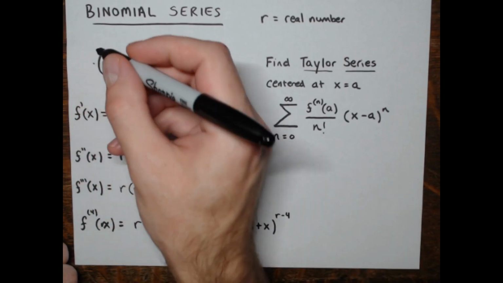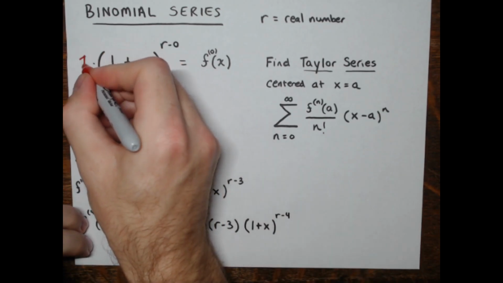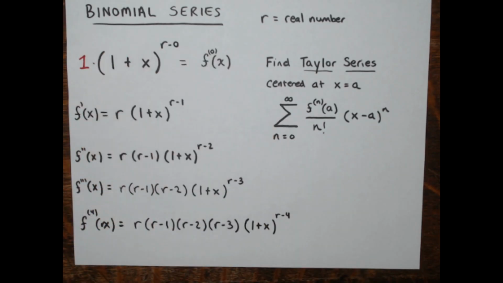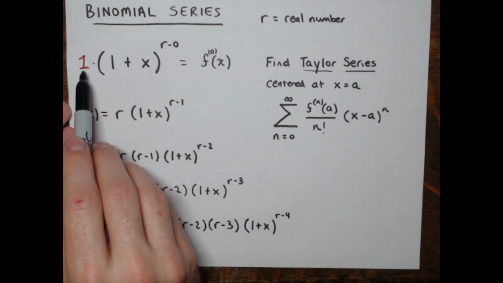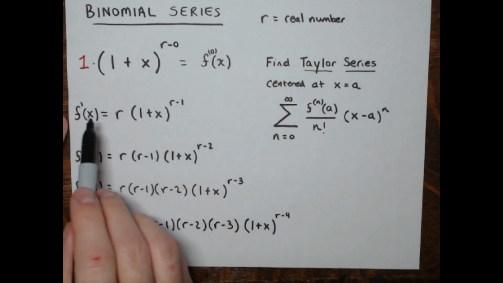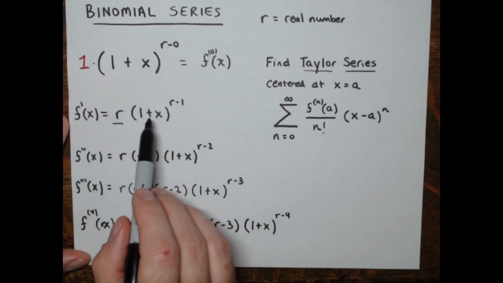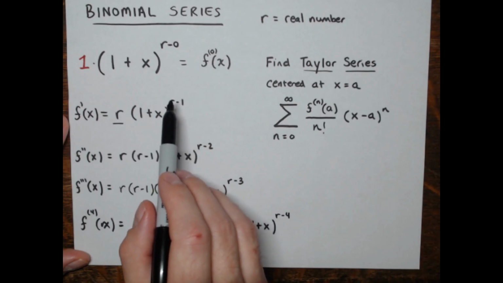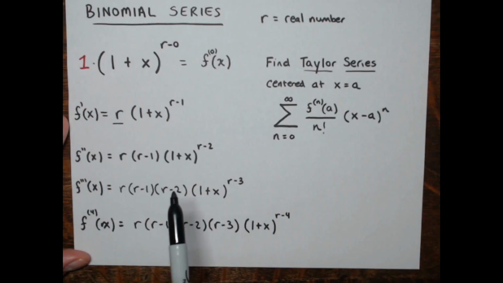And again, technically I could call this thing in front 1. Anyway, there's no factors involving r in front of the 1 plus x to the r minus 0. Then the first derivative has one factor involving r in front of the power of 1 plus x, and the power on 1 plus x is r minus 1.